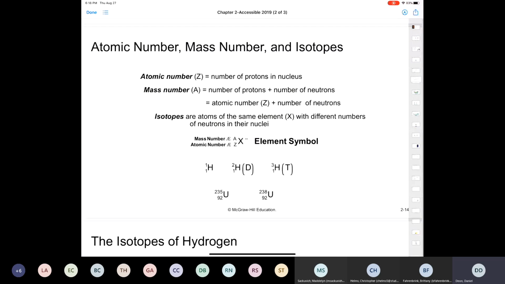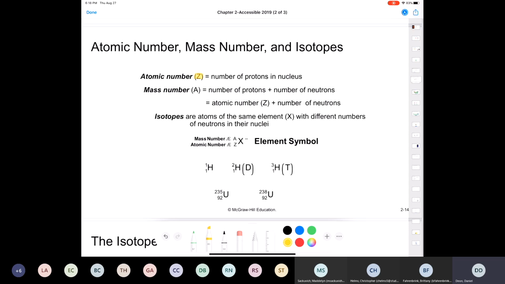It's very nice. So let's start talking about what's known as atomic number, mass number, and isotopes. We use the symbol Z to represent atomic number, and atomic number is nothing more than the number of protons in a nucleus.